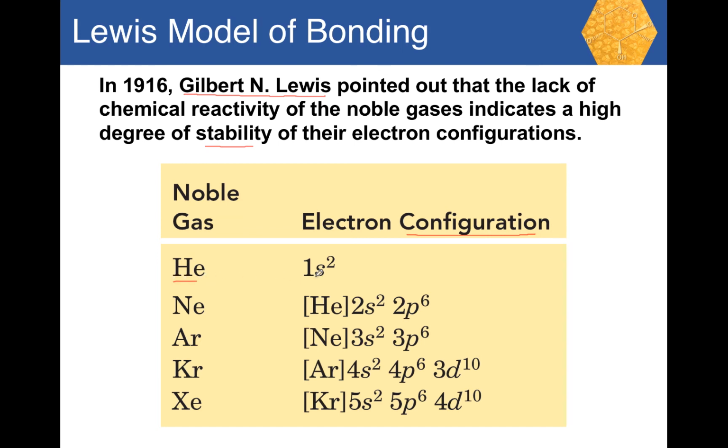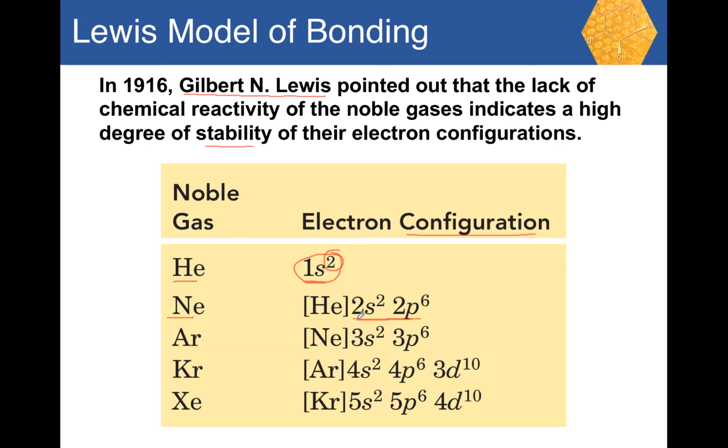They contained the maximum number of electrons. Helium has 2 electrons, and the outer shell, of course, is just a 1s. It's full. If there were a third electron, it would have to go into the 2s. But the outer shell here is full. Don't forget this number here, 2, represents the number of electrons. Let's look at the other one, neon. He observed that the outer shell here again is full.